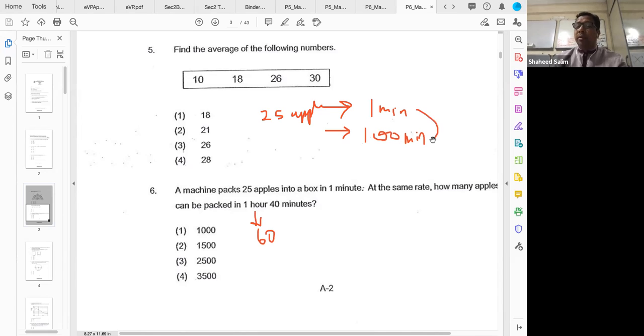So from 1 to 100, you times by 100. Times by 100 also lah. You will get 250. Okay, is that okay? Do you understand that? Yes? So okay, because they ask you how many.